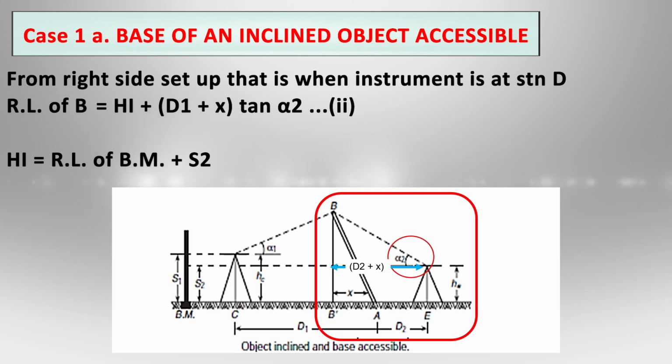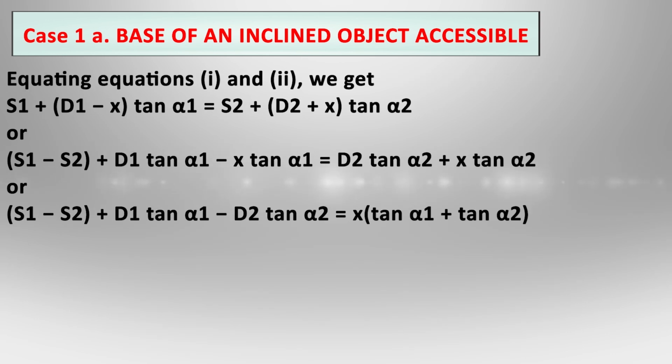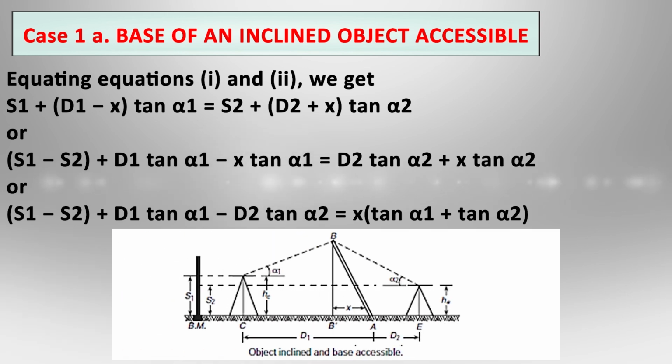So height of the instrument, as we know, is RL of benchmark plus S2. Since we are considering our instrument to be at station D, for height of instrument we will consider the staff intercept taken from station D on the benchmark. So we have two equations, we will equate them. We get S1 plus D1 minus X tan alpha 1, equate this to S2 plus D2 plus X tan alpha 2.